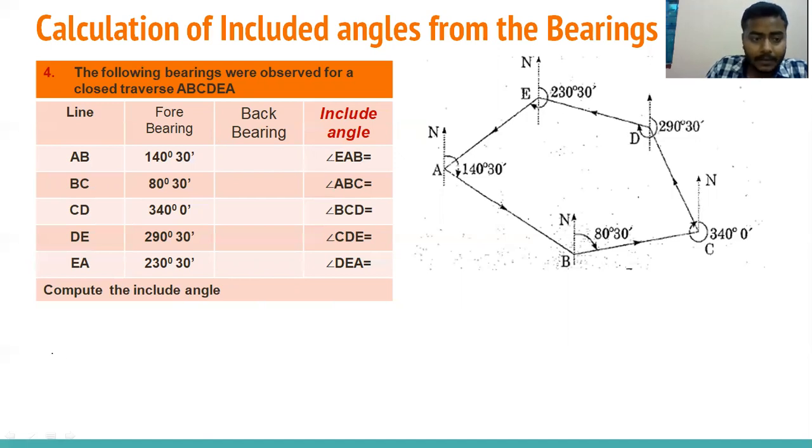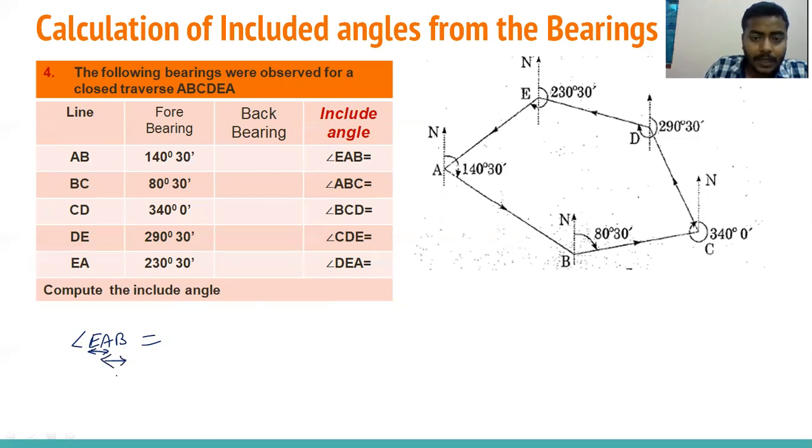Once you write this angle, we also have to check the nomenclature. This angle is made by EA to AB.